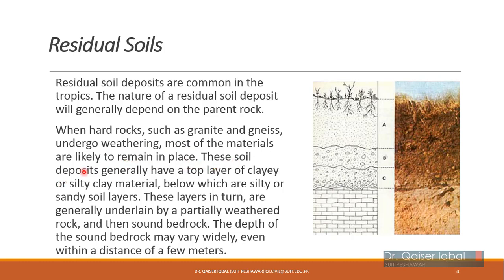The soil deposits generally have a top layer of clay or silty clay material, as you can see here. So residual soils originating from granite and gneiss will have a top layer of clay, a fine grained material, below which there will be silty or sandy soil layers. Underneath you will have fractured rock at a certain depth, and beneath that you will have the sound rock.